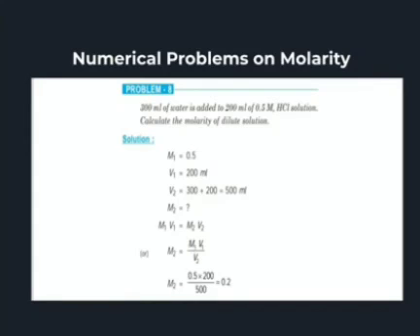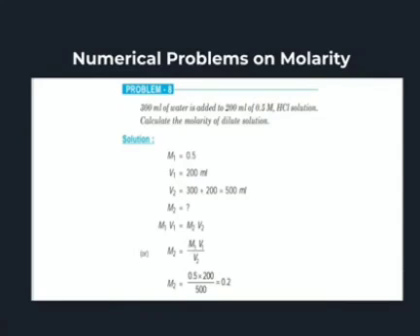Problem number 8. 300 ml of water is added to 200 ml of 0.5 molar HCl solution. Calculate the molarity of the diluted solution. Here given data M1 is equal to 0.5 M, V1 is equal to 200 ml, V2 is equal to 300 plus 200, that is equal to 500 ml.